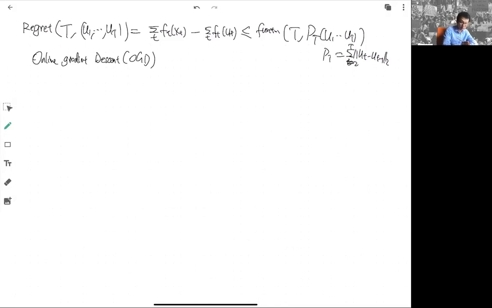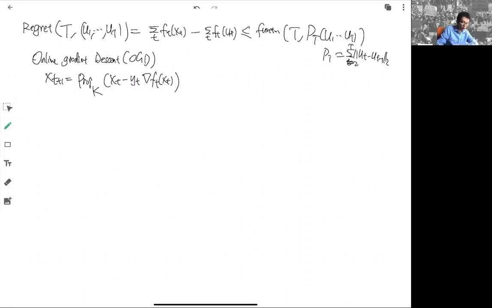It's the first algorithm we talked about that applies to general convex functions, which updates a parameter using projection to the convex set K of xt minus eta t gradient under the full information setting. So at time t+1, you play xt plus 1 using only the information from the past.